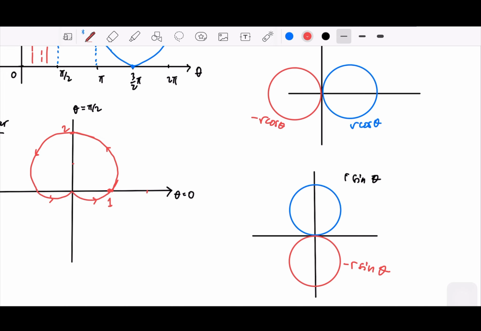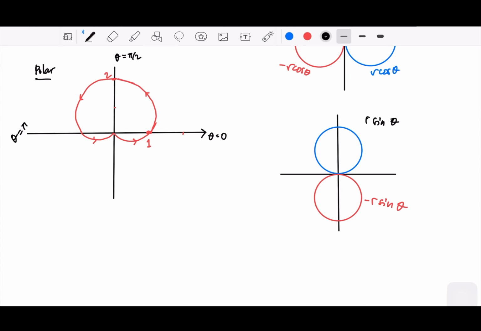And how to tell this cardioid, this is based on the ratio. Or we can write the terms in r, let's say sine and 1 plus minus r cos theta. Depends on each radius, okay? And positive negative will determine which side the curve will be.